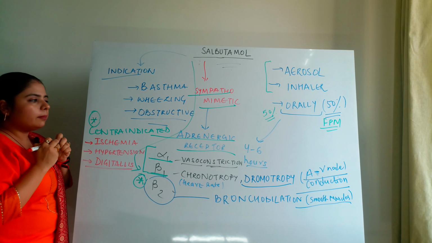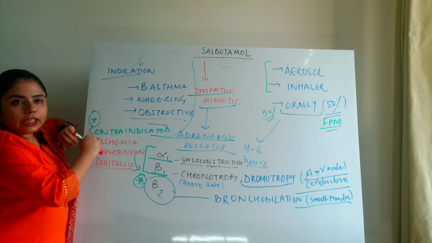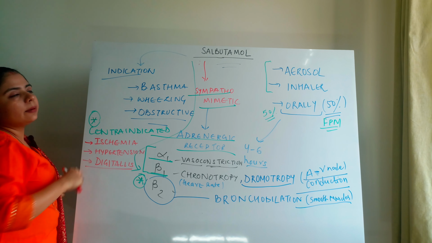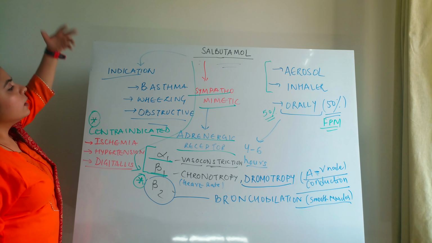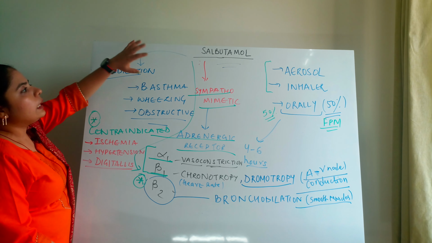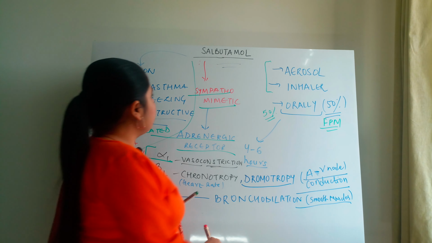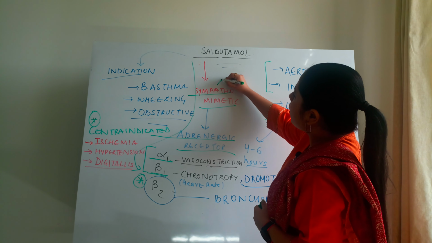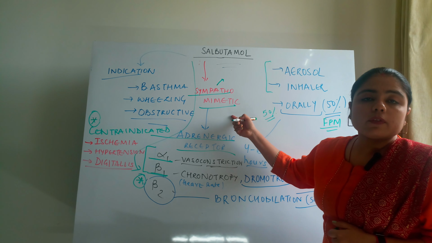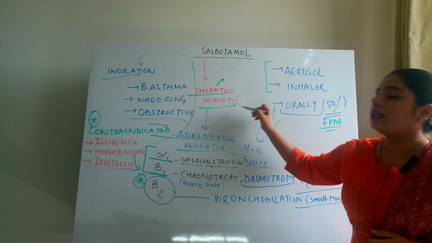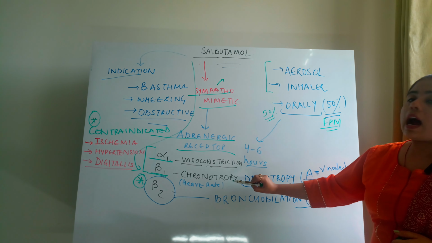We have to keep that in mind. If a person has any of these conditions, we should not administer salbutamol, which is albuterol or Ventolin. Why? Because salbutamol is sympathomimetic in nature. So what are the effects?